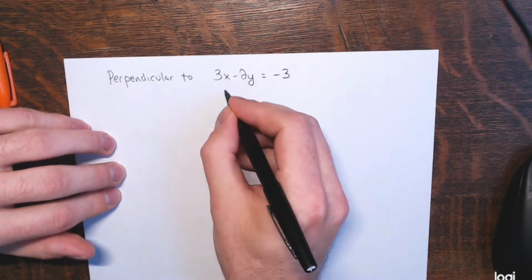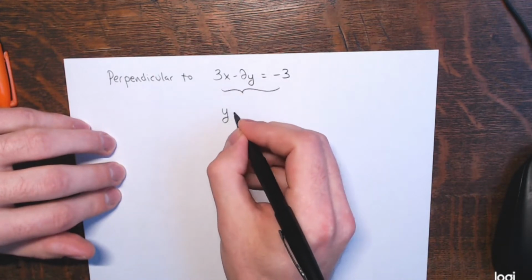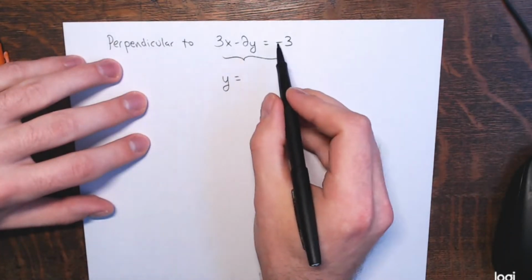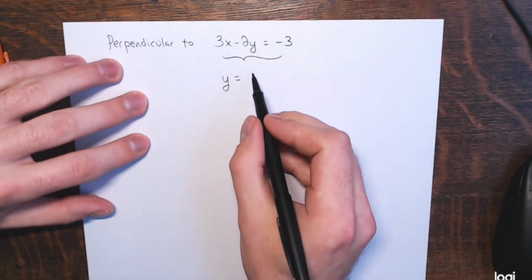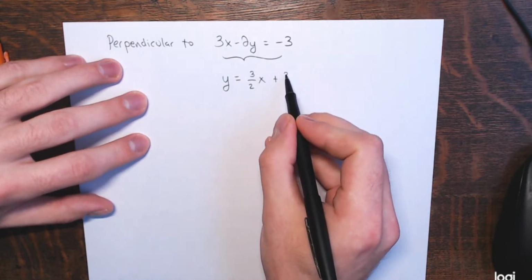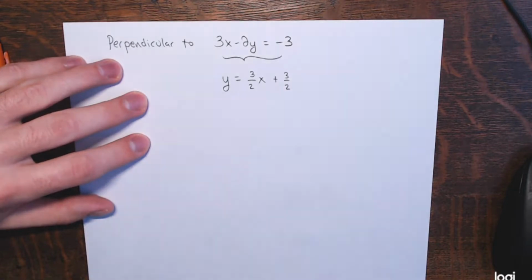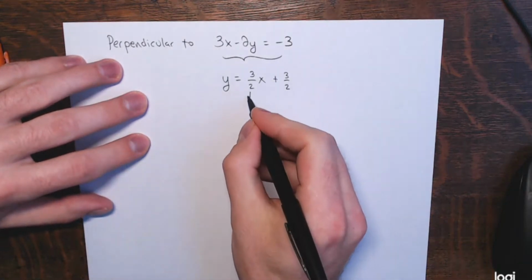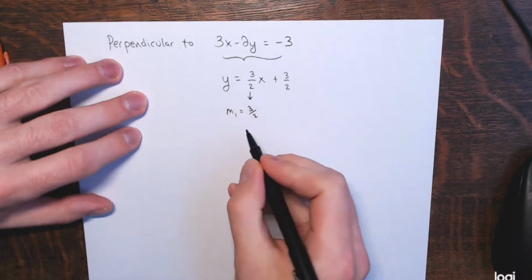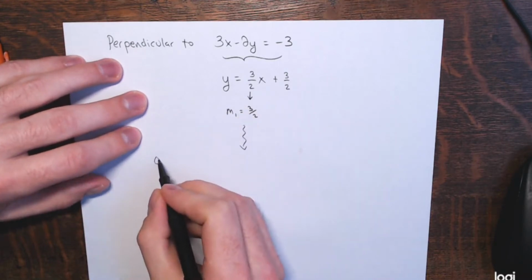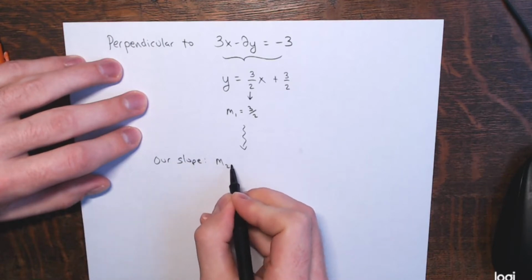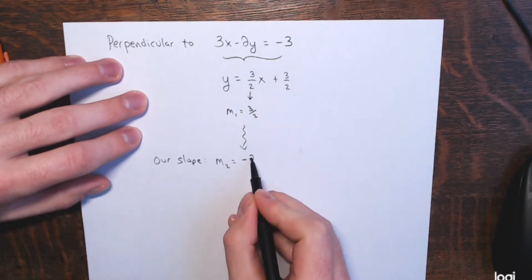If I solve this for y, and you can easily see the slope, I would subtract 3x and then divide everything by -2, so it'd be positive 3/2 times x, and then plus 3/2. So the slope of this line is positive 3/2, meaning the slope of our line, m2, is -2/3, the opposite reciprocal.